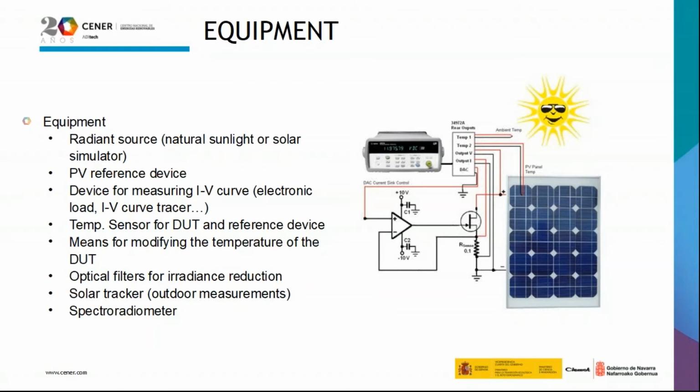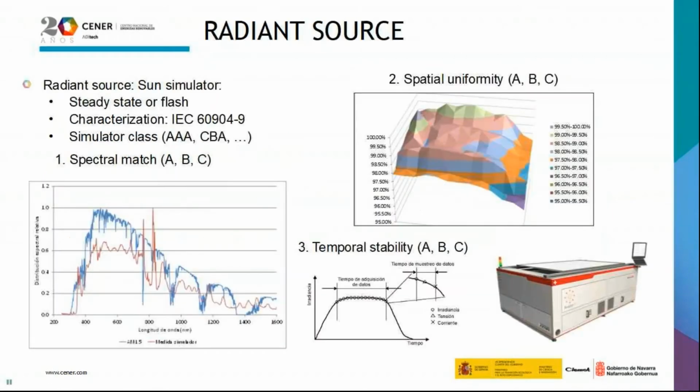You may need something to modify the temperature of the device under test, of the module. You might also need some optical filters for reducing the irradiance. For outdoor measurements, you could also use a solar tracker in order to position the module perpendicular to the sun. And you should also use a spectroradiometer to know the spectral distribution of your light.